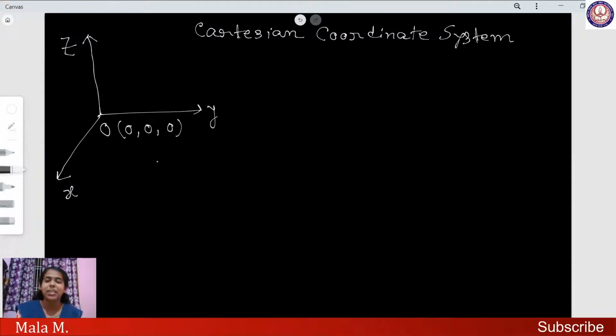So we will measure the position of any particle, or we will define the velocity and acceleration of any particle, with respect to this origin and these 3 axes. So this is our reference system.